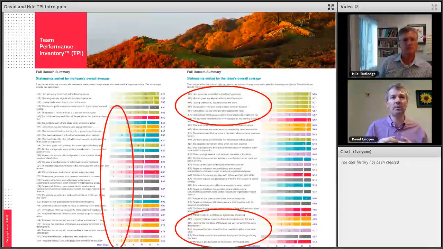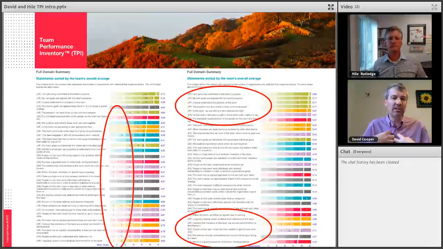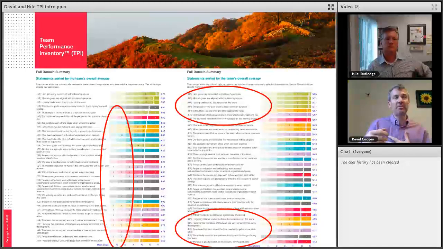There's an aspect of the questions that really gives us insight into the individual team member and their contribution to the team, and the team's contribution to the individual team member. So again, my perception as an individual team member of my contribution to the team, and our perception as individual team members of the team's contribution to us.